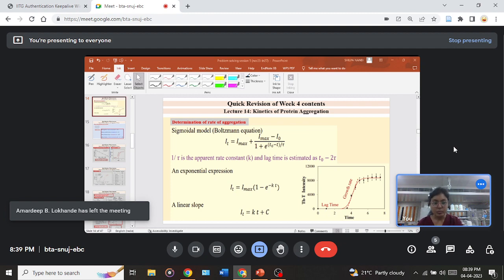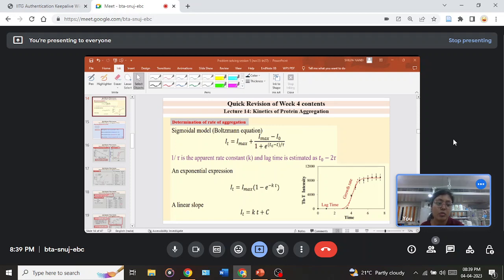Here in this Boltzmann equation, particularly I(t) equal to I max plus (I max minus I naught) divided by 1 plus e to the power (t naught minus t) by tau, 1 by tau is the apparent rate constant k, and lag time can be estimated as t naught minus 2 tau.